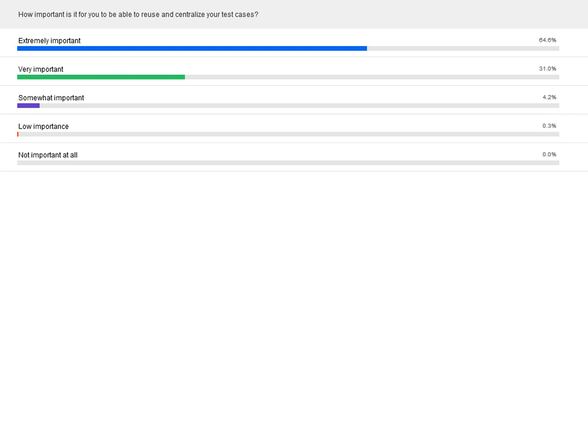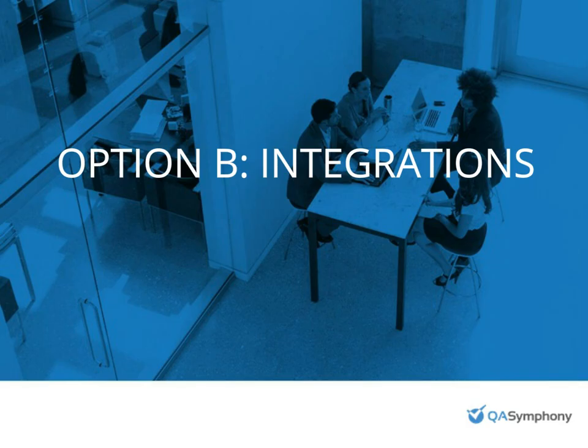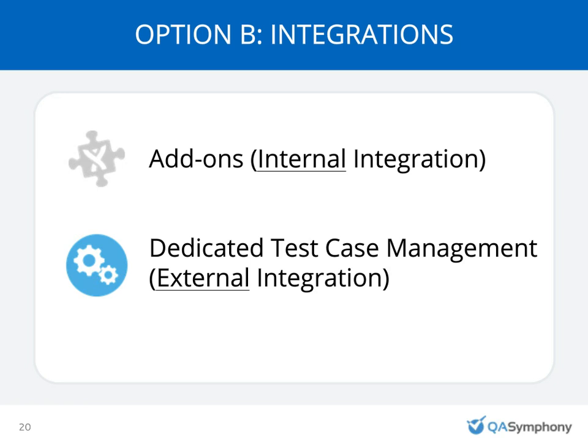So now you've got option B, which is the integrations that go into JIRA. There are really two types of integrations. You've got the add-ons, which are internal integrations, meaning they actually live inside your JIRA application, whether that's JIRA Cloud or JIRA Server. Those add-ons try to extend some of that test case functionality. The other is a dedicated test case management solution.